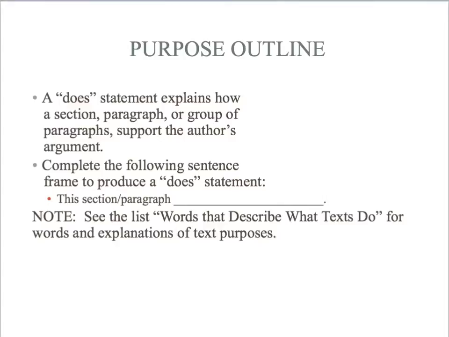And as we've been studying grammar, the fact that we've got this paragraph, we know that the subject in this case is paragraph, and the next word would have to be one of those verbs or action words that describe what that particular part of the text is doing. So see the list, words that describe what texts do, for words and explanations of text purposes.